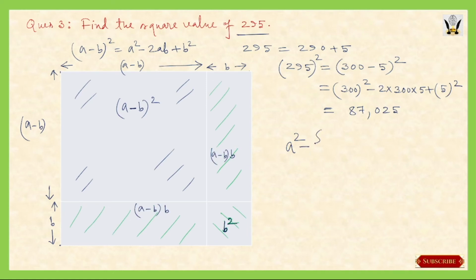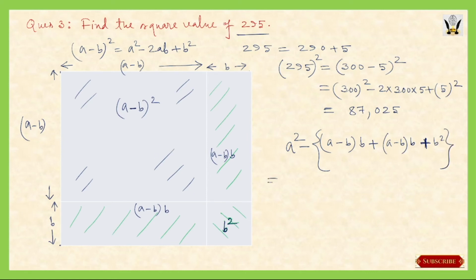So A square minus, the area of this rectangle, A minus B multiplied by B, plus this area, also A minus B multiplied by B, and this area, B square. The total area of these three portions will be subtracted from the whole area, and that will give us the area of this square.